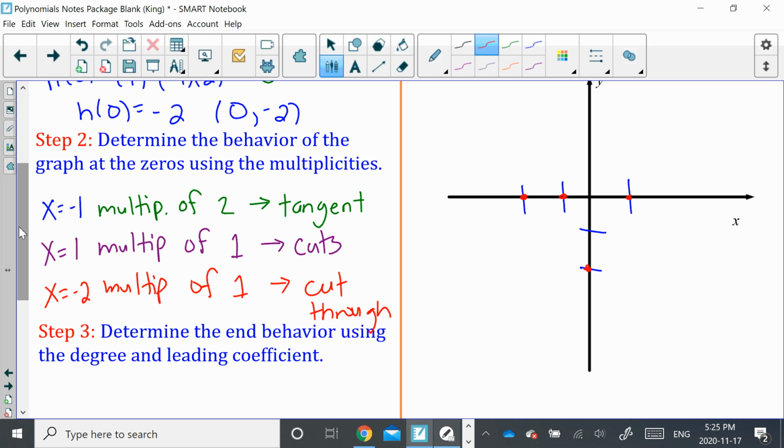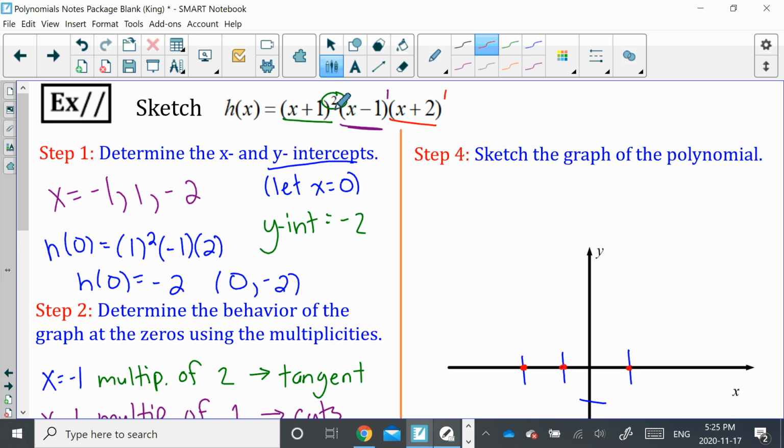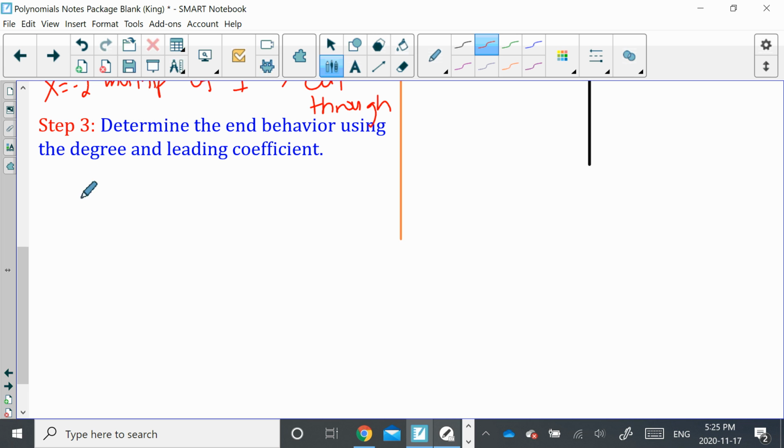And remember that the end behavior is given by the degree of the polynomial function and the lead coefficient. So the degree of this polynomial function is 2 plus 1 plus 1, a 4th degree polynomial function, and there's a positive lead coefficient.